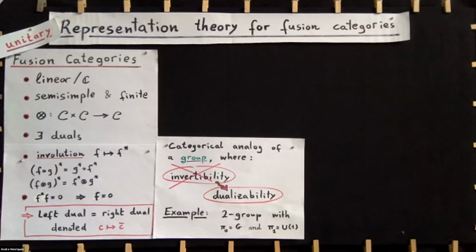If you know about two-groups, a two-group is a thing that involves a non-abelian group and an abelian group, and in this particular case, the abelian group has to be U1. So two-groups somehow fit very closely into that story. I won't come back to two-groups, so let's just leave it like that for those who know what two-groups are.